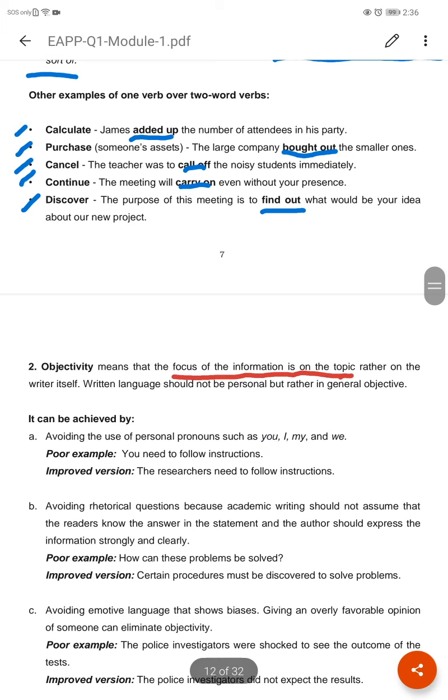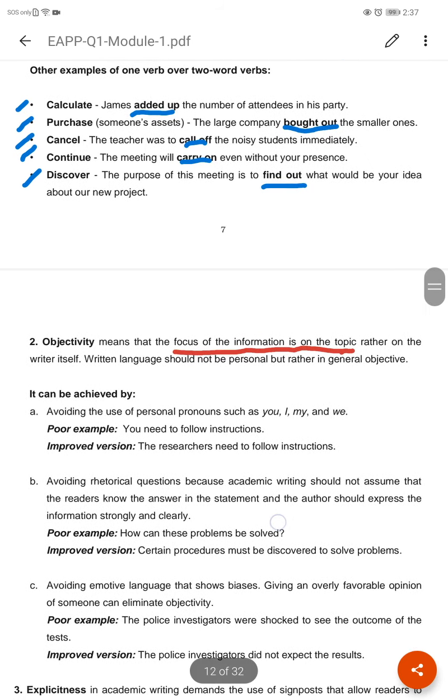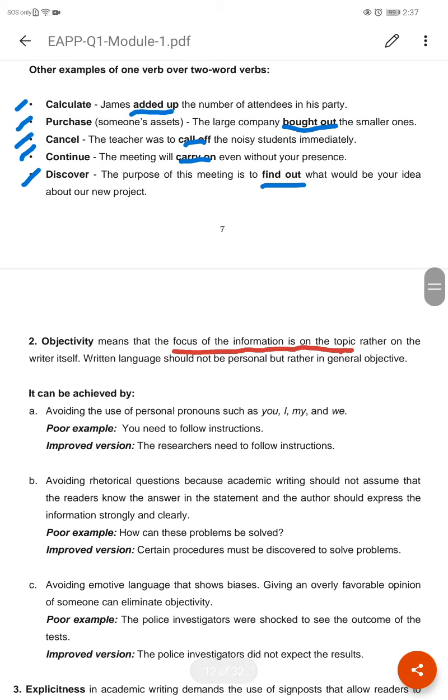For example, when you and your boyfriend or your girlfriend are quarreling about an issue, sometimes instead of talking about the problem, you begin talking about yourselves, about your personal issues, about your insecurities, and not addressing the topic or the problem at hand.